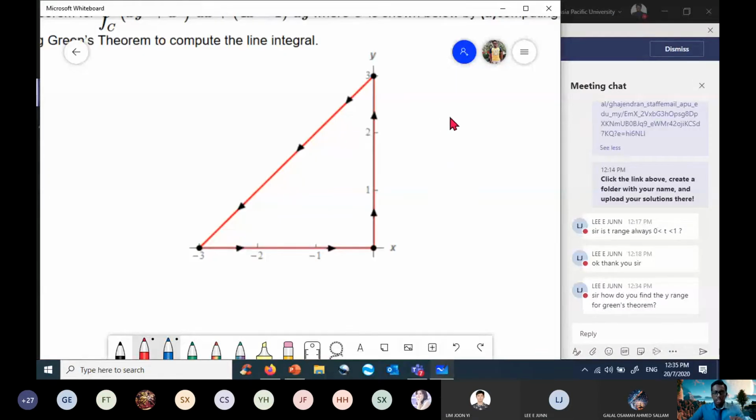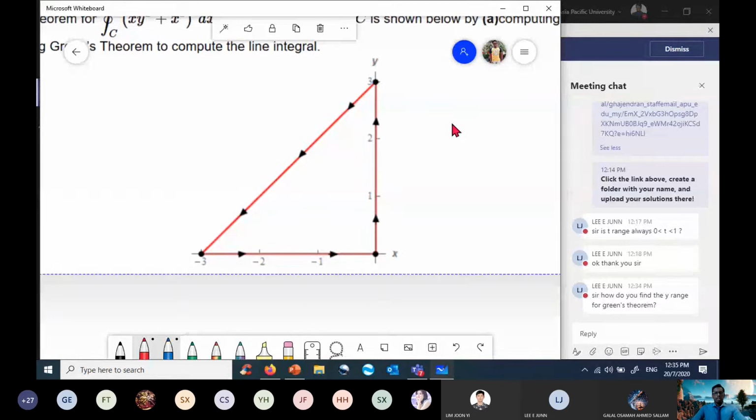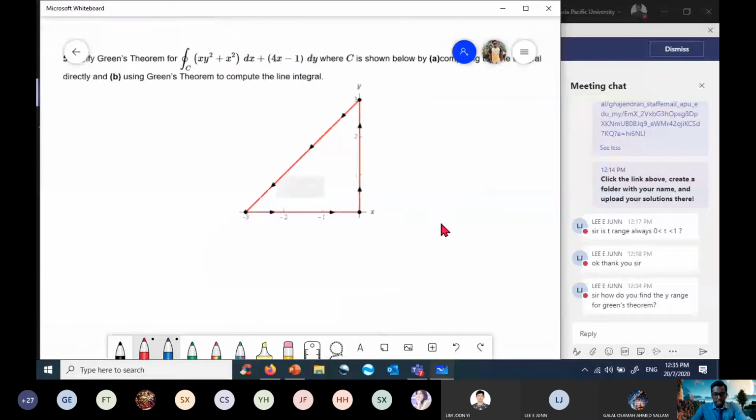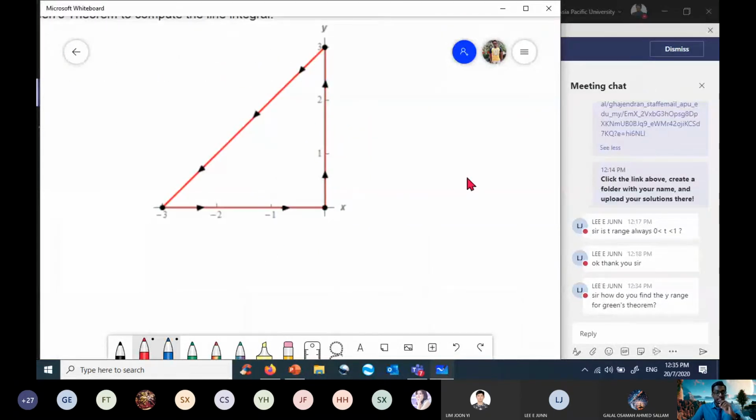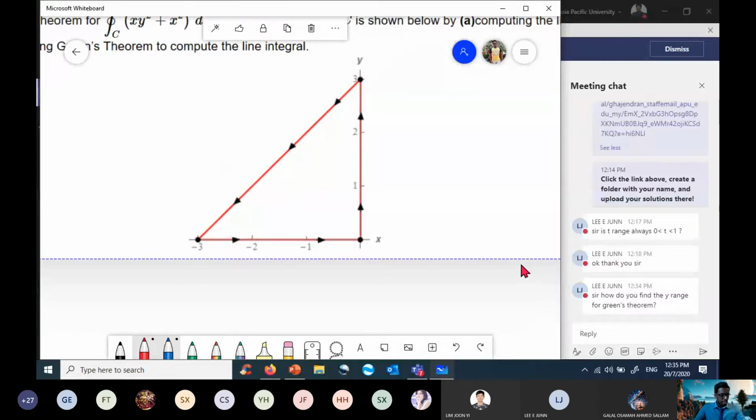Okay, so this was the diagram given in the question. Now for Green's theorem, obviously you need the region inside the triangle, right? So okay, how can we find it? Let me write down the coordinates that we have.